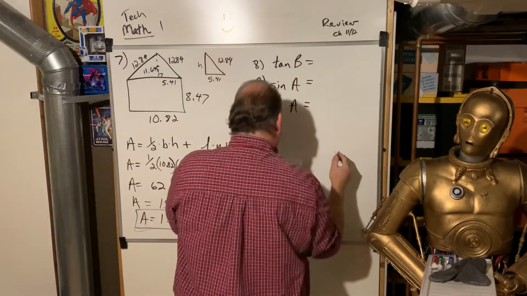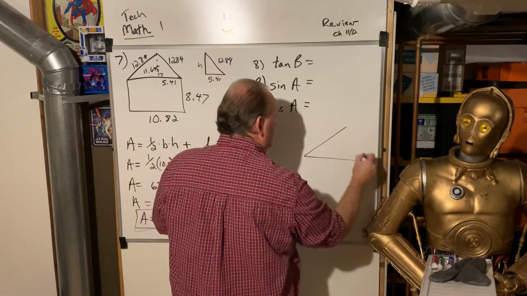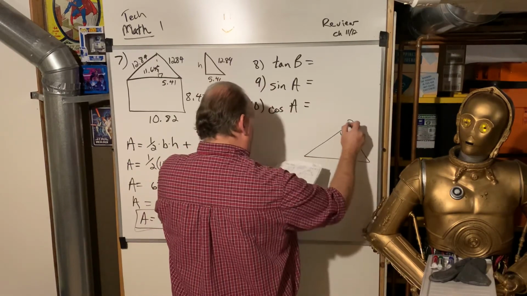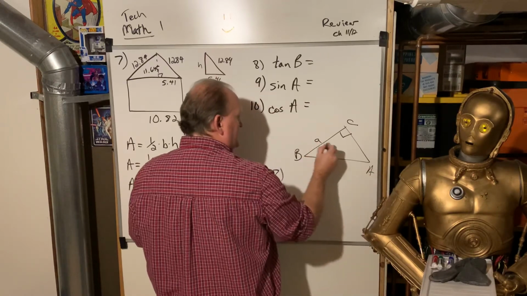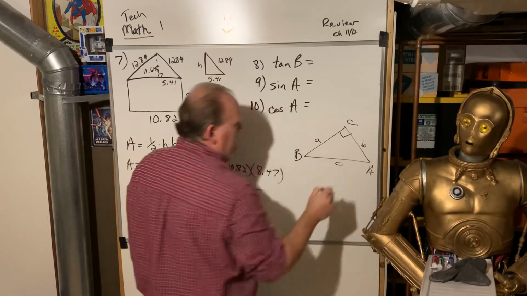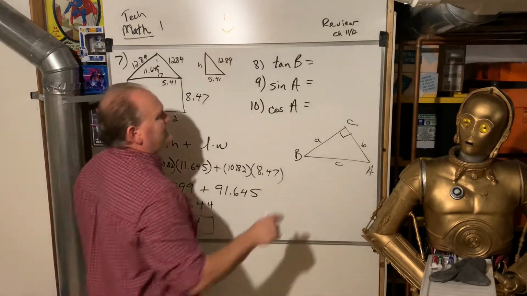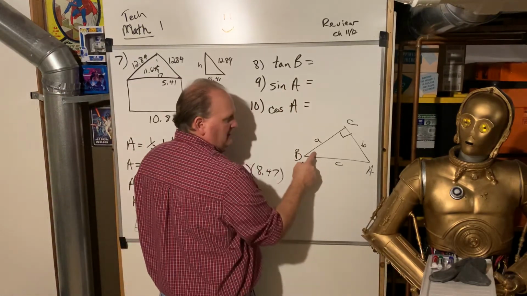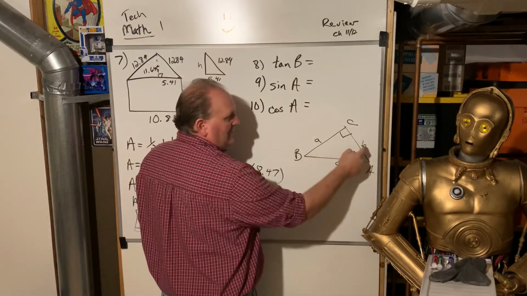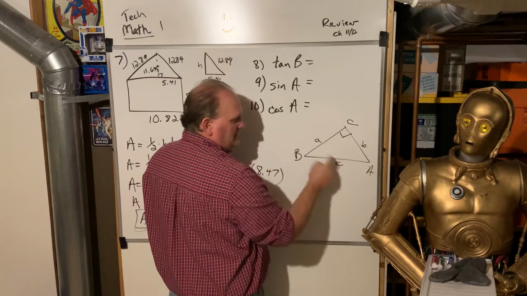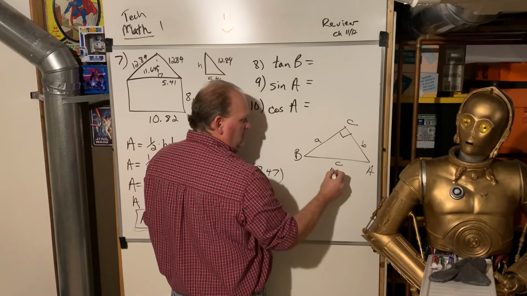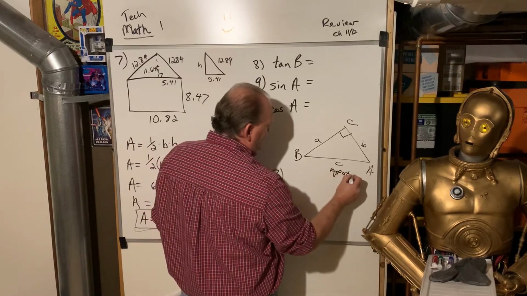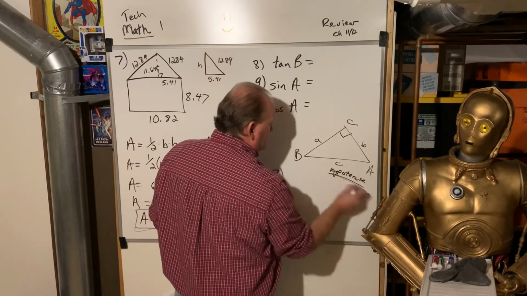And so when you look at that, here's our right angle. This is C, this is B, this is A. Side opposite is little a, little b, little c. And so when we want the tangent of this angle, that is opposite over adjacent. This one's the hypotenuse. The one opposite the 90 is the hypotenuse, so it's got nothing to do with the fact that it's C. That's just a nice coincidence.